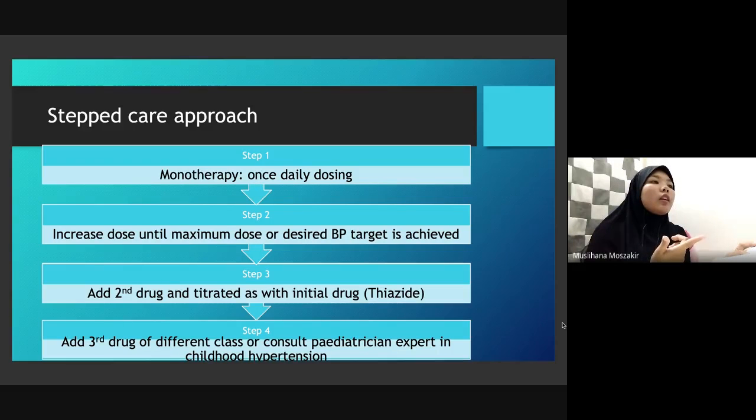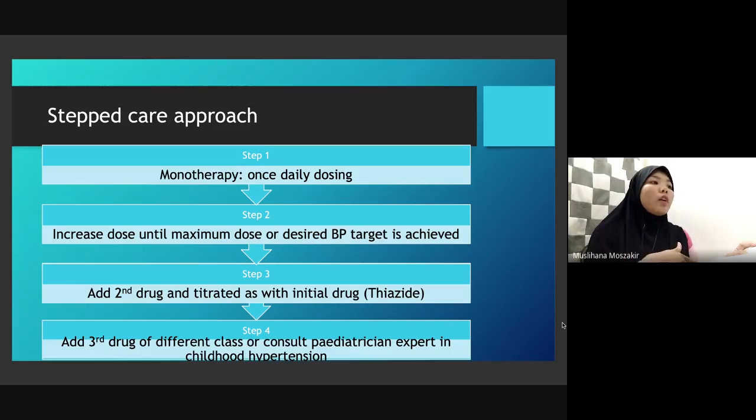After we increase the dose, if it's still not improved, then we add a second drug, titrated with the initial drug that we started, and the recommended group is the thiazide group.